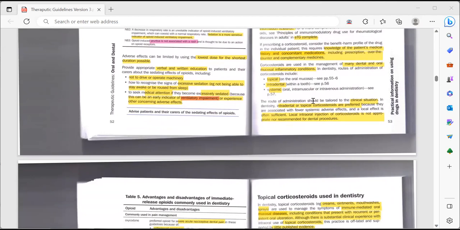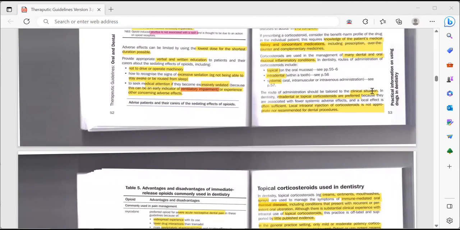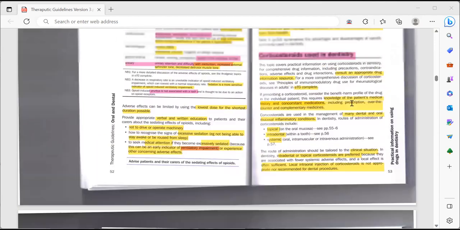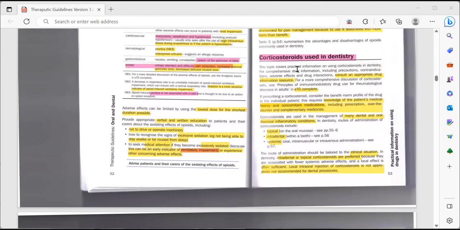The route of administration should be tailored to the clinical situation. The route would depend on in which situation you need the corticosteroid, right? In dentistry, intradental or topical corticosteroids are preferred because they are associated with fewer systemic adverse effects. You all know that corticosteroids are a very big drug, and they can suppress patients' immunity, right? So for dental use, we do not really need to prescribe any systemic corticosteroid.